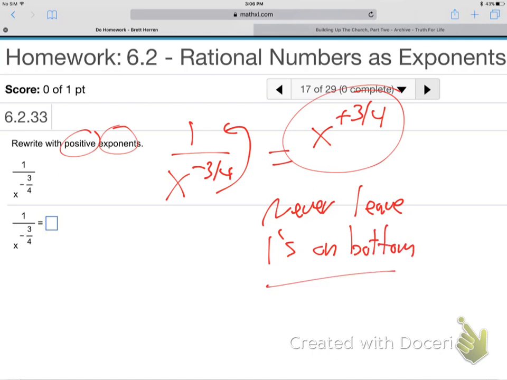Because 7 over 1 is just 7, right? It's just dividing. 1 divides into 7 times. But 1/7, you can't say that's the same as 7. 1/7 of a pie is not 7 pies. So 1s on the top must stay, right? 1s on the bottom vanish.